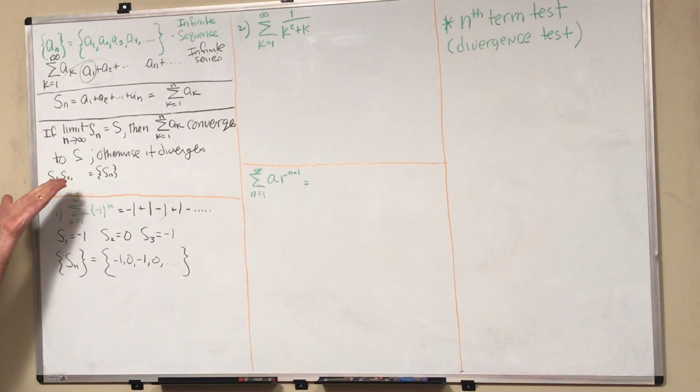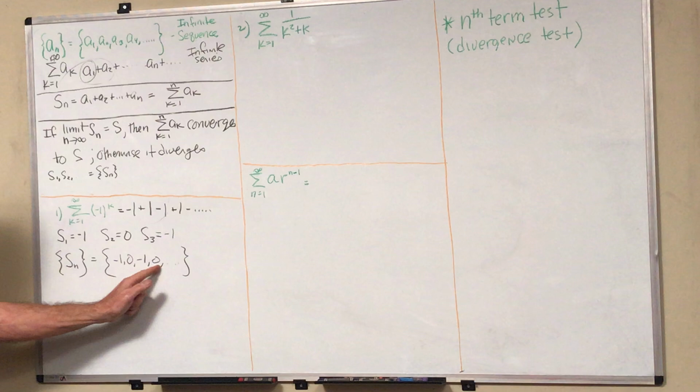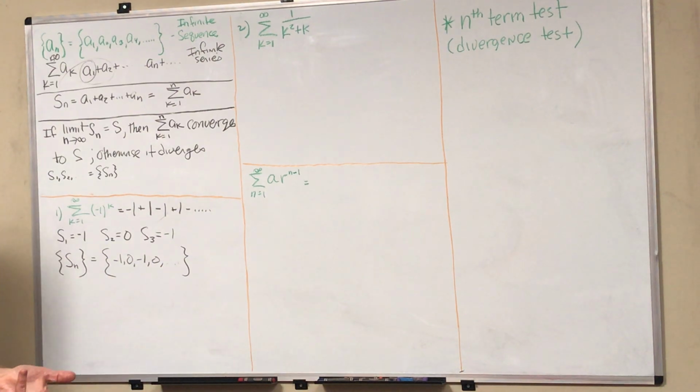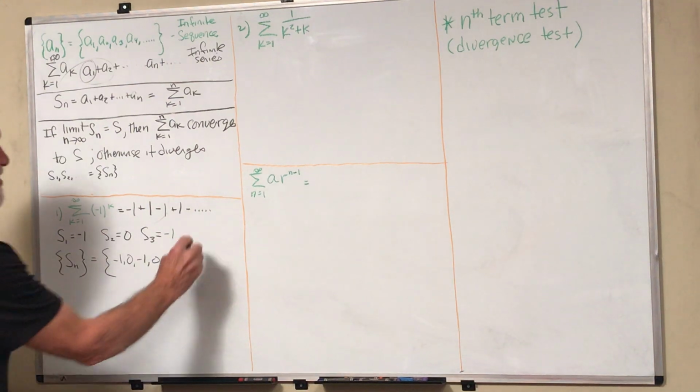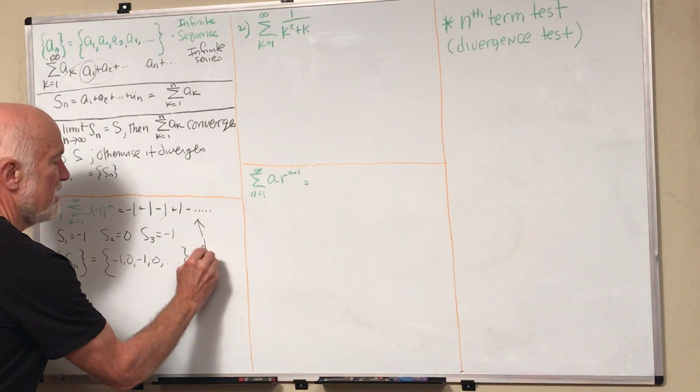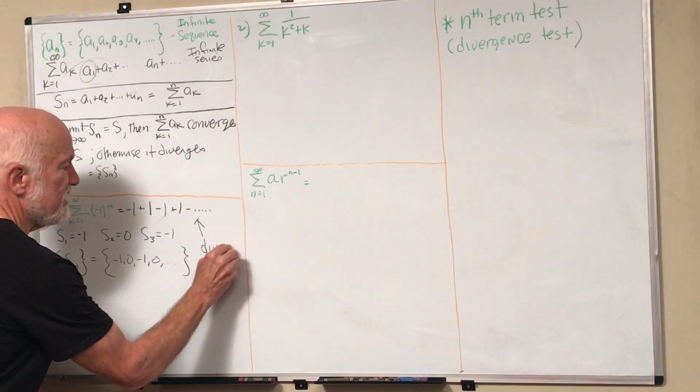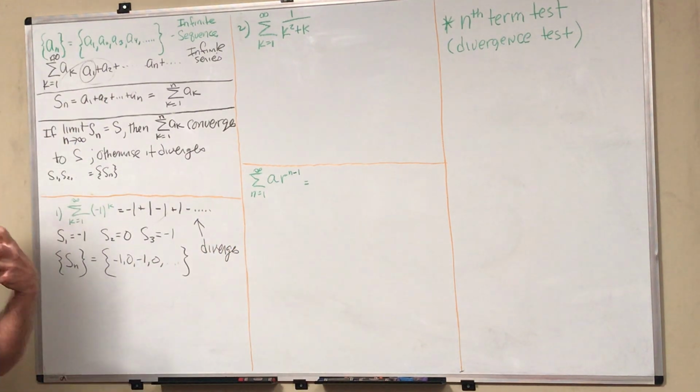So is the limit as n approaches infinity of this sequence converging to something? And you can see it isn't. So because of that, I can say this series up here diverges. It doesn't converge to some sum.